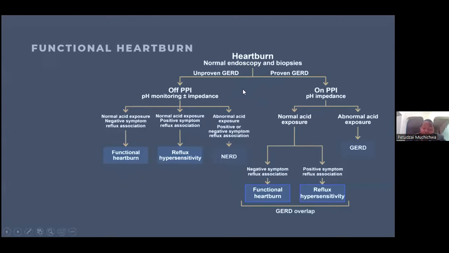So patients that have a normal endoscopy and normal biopsies, with unproven gastroesophageal reflux disease before, and are off PPI, require pH monitoring with impedance. If they are shown to have a normal acid exposure with no symptoms of reflux, these patients are classified as having functional heartburn.